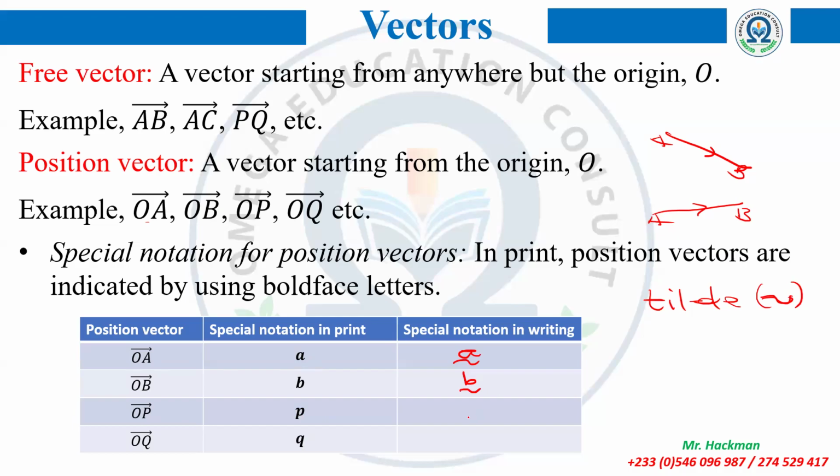When you are writing it, you write small p, then tilde. This one too will be small q, with a tilde. Take note of that. Because they all have the same initial point, the origin O, it is the terminal point that we usually use to name or represent them. Take note of that.